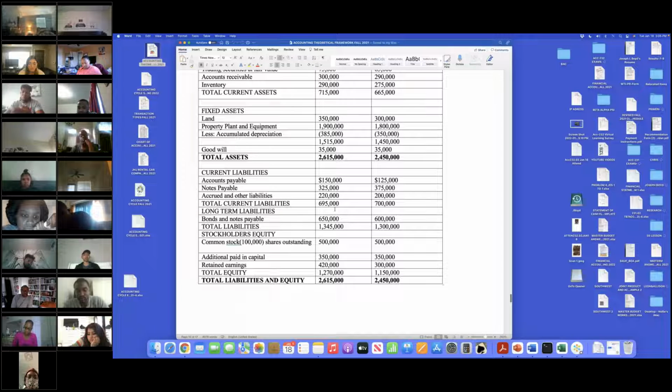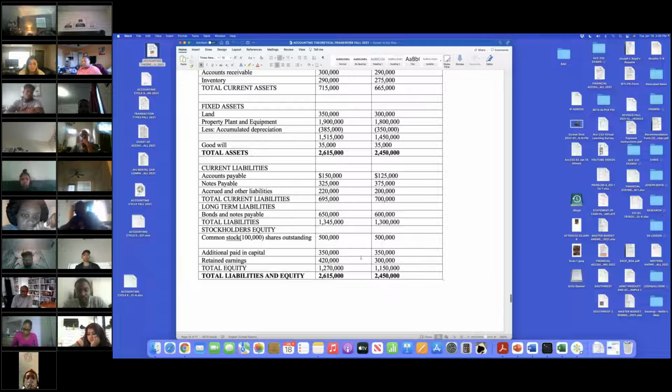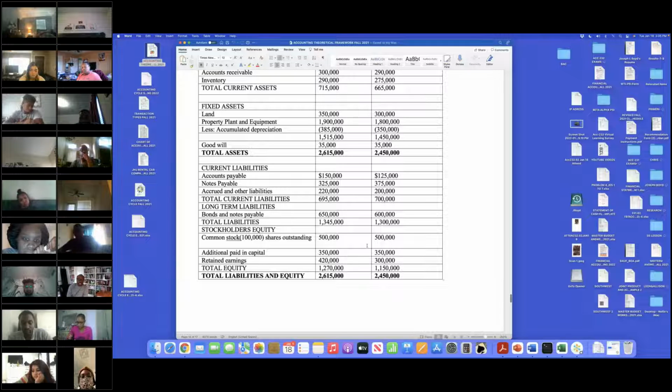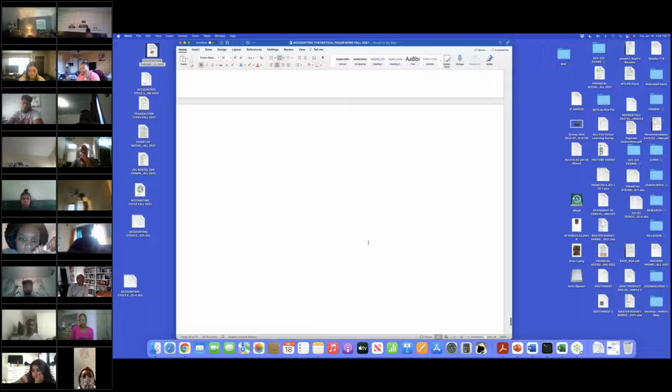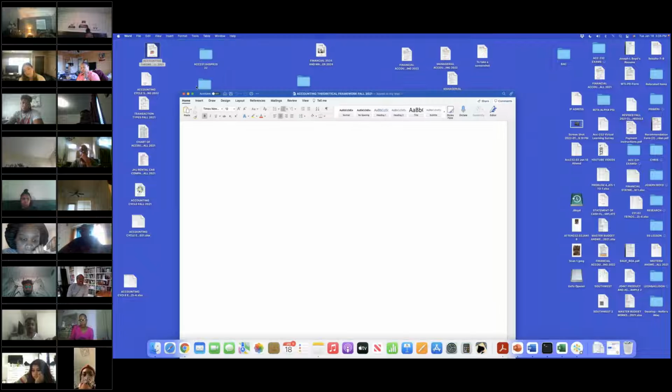So everybody in here generally has income. Everybody has a balance sheet. With companies, they just prepare the same thing based on what they have. Okay, so I think this is in course content, so you can look at that.